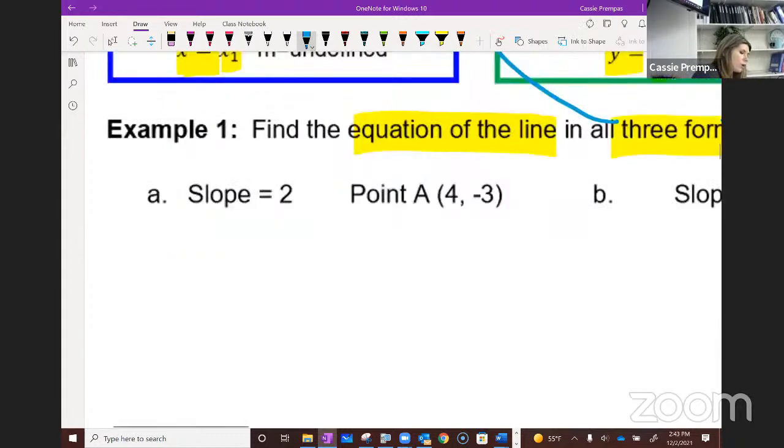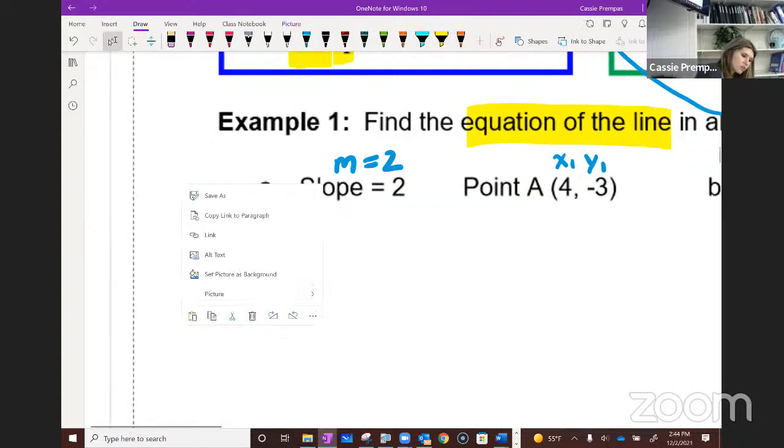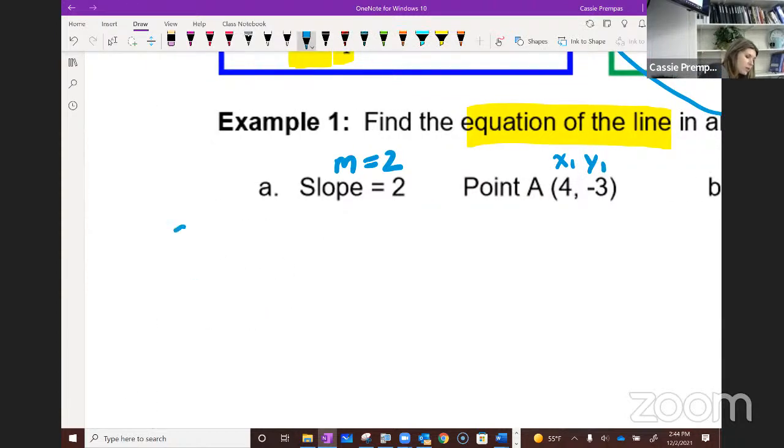Okay, so for letter A, you have the slope, that's your m. Slope is equal to 2, and you're given a point. We'll call it x1, y1. You should always start, so when you're doing your homework for 1-3b, you want to start with point slope form.